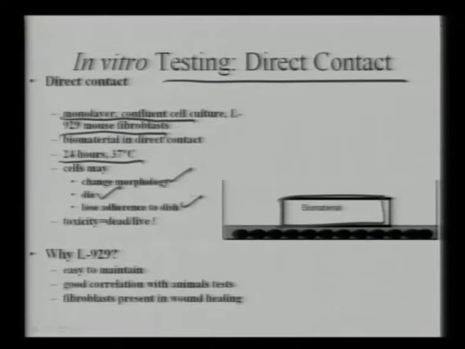Third one, cells will lose adherence to the dish. Sometimes what happens is that on the lower surface of the cell culture dish, cells will be freely suspended in the solution, but cells will not adhere to the material as such. At the same time, cells which are suspended in the solution are not dead. You understand what I am saying?